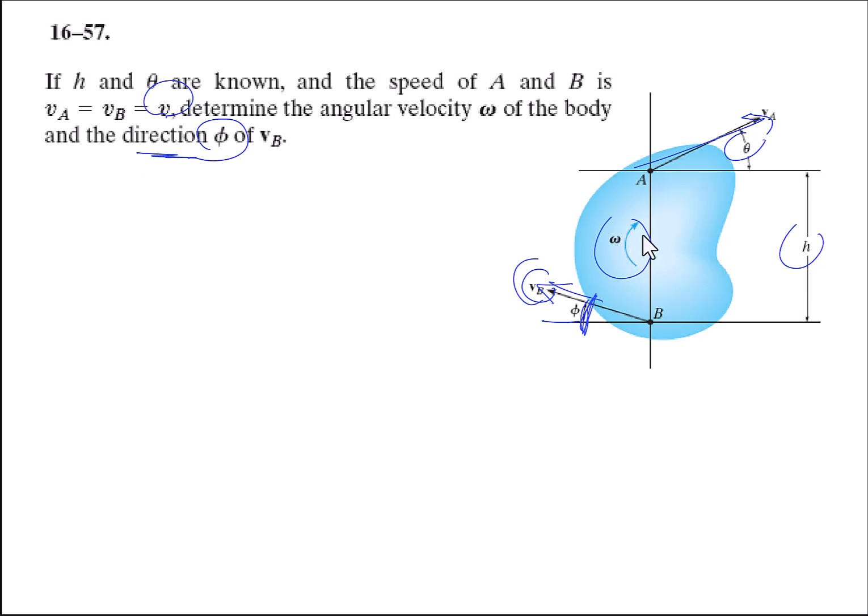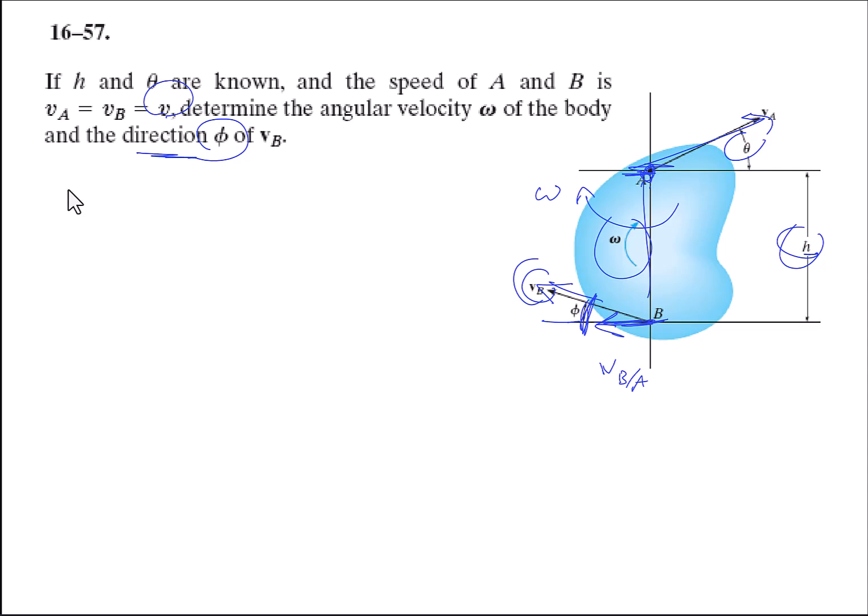So for the relative velocity, let's say this thing is like a hinge, and we have an omega in this direction, and this thing is h, and this point is B with a velocity in this direction. So v of B with respect to A as shown.